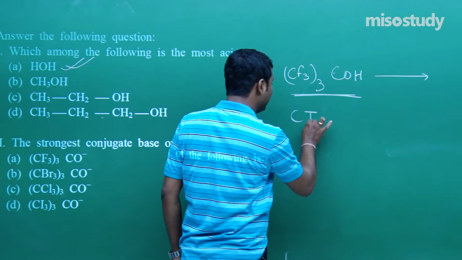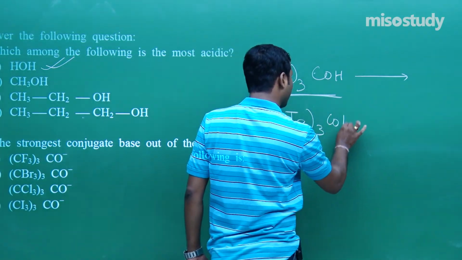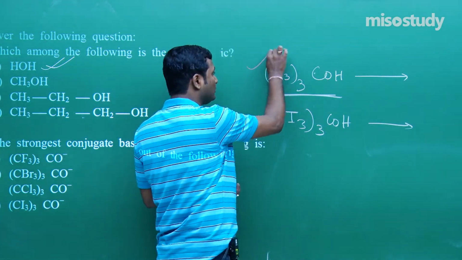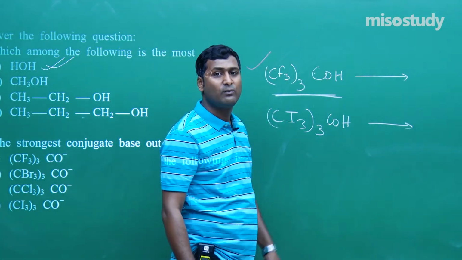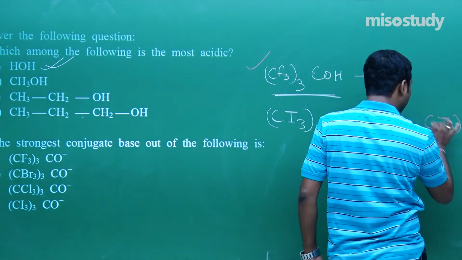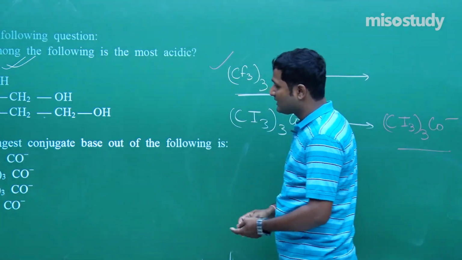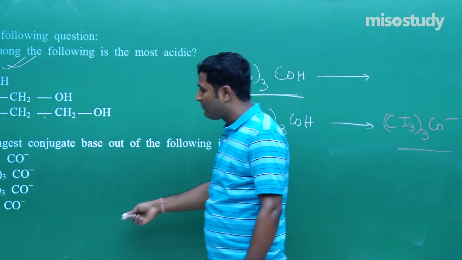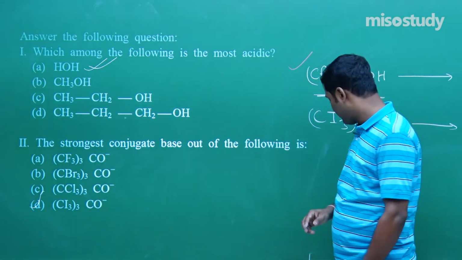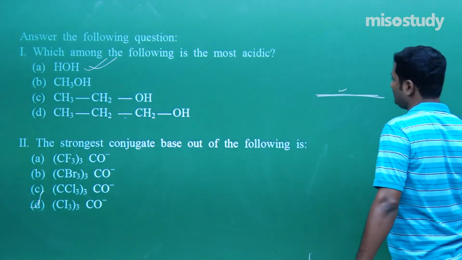If I write (CI3) whole thrice COH, then it is a weak acid in comparison to this one, so its conjugate base will be strong. So its conjugate base is (CI3) whole thrice CO minus. So in this case, what will happen? So for question number 2, D is the correct option. Clear?